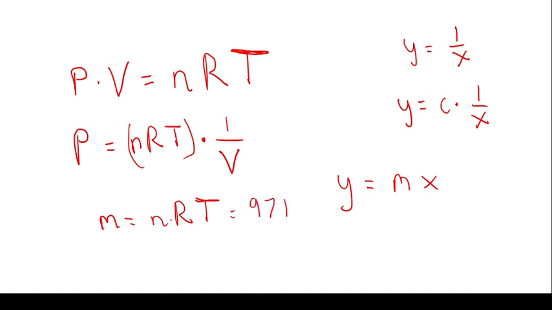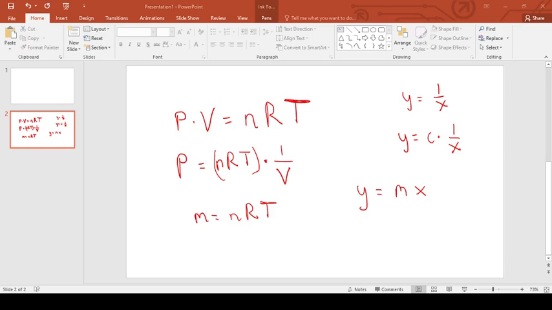So if we want to get just the number of moles, well, we need to divide this quantity by both R and T. So our number of moles will be 971 divided by R and T. So that's how we're going to calculate the number of moles. Whoops, did I accidentally erase that?